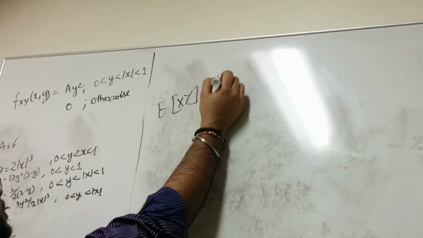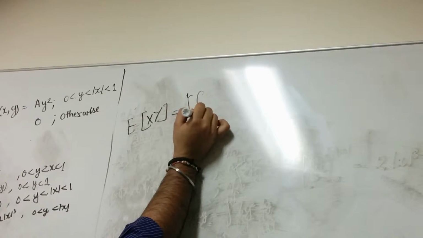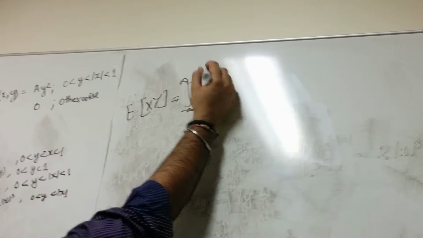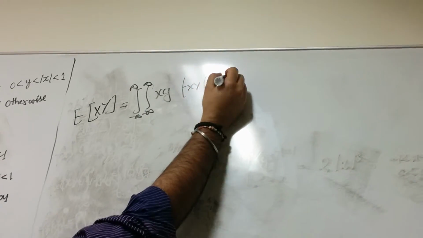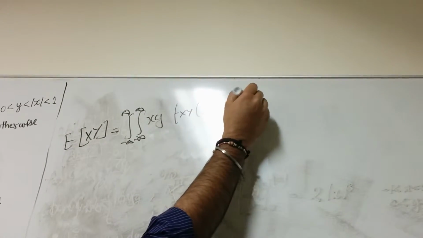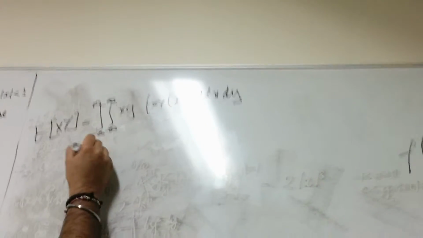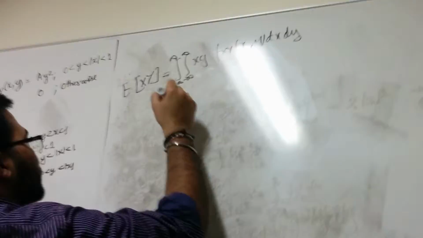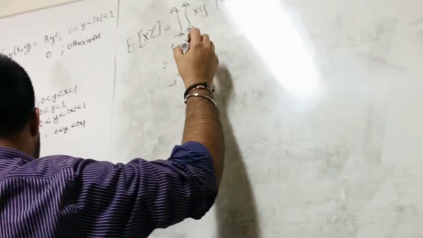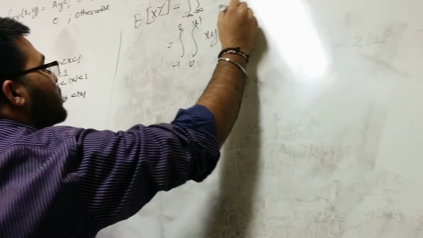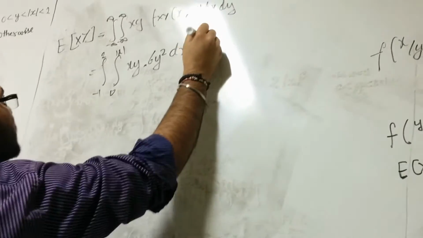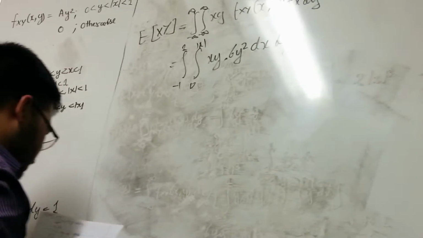This is nothing but integrating: first multiply xy with the joint density function f(x,y) and integrate with respect to dx dy. So I'm putting the limits -1 to 1, and 0 to |x|, xy times 6y^2 dx dy.